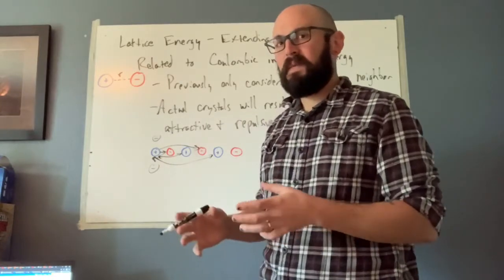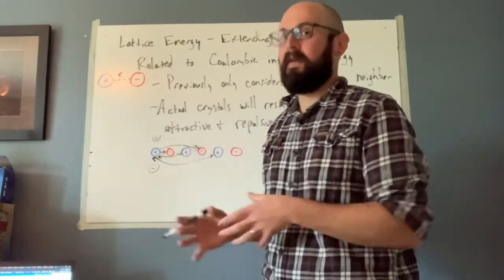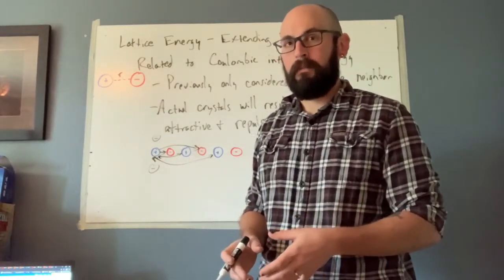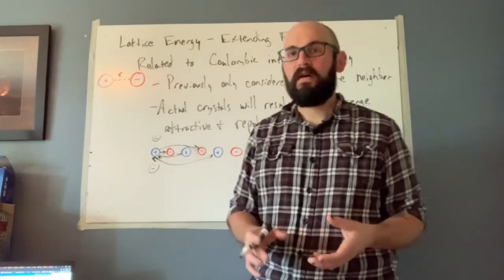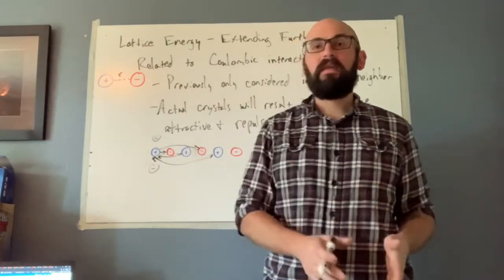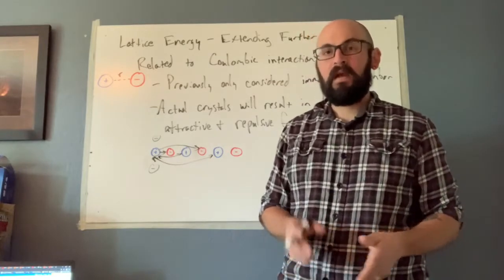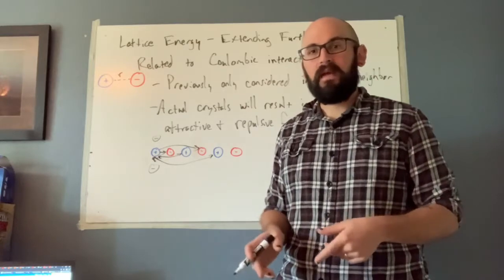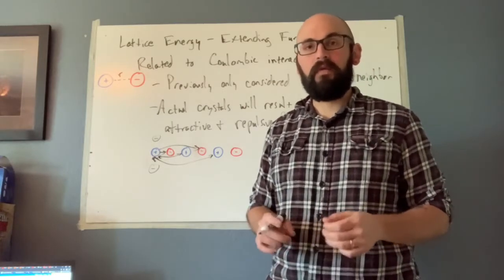There's necessarily going to be different extent of interactions, and therefore a different Madelung constant associated with it. Luckily for us, the Madelung constant is exclusively related to the structure and not the actual identity of the components. So let's go ahead and take a look at the total lattice enthalpy equation, including the Madelung constant.